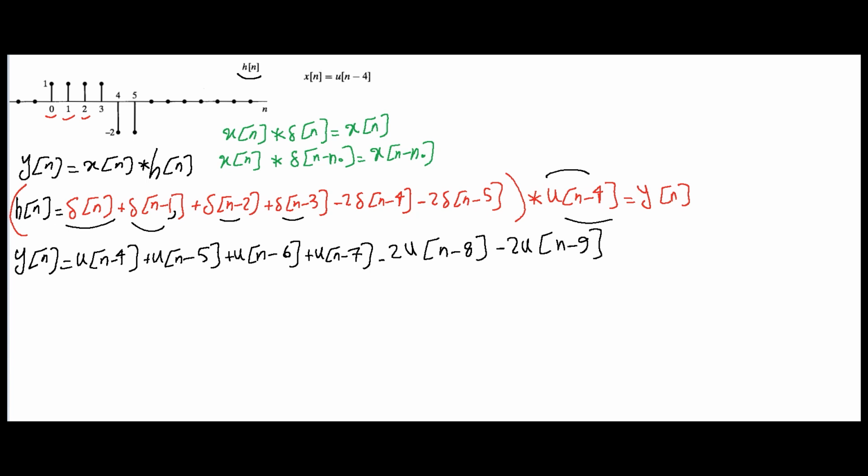Therefore, the output signal is the sum of all these shifted unit step signals. The only remaining task is to determine where each unit step signal becomes equal to 1 and then add them together.